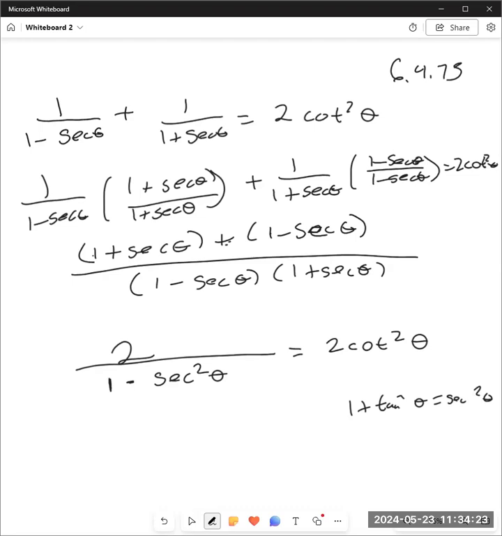Right? Yes. So let's find out what 1 minus secant squared is going to be. That's going to be a negative tangent squared theta.